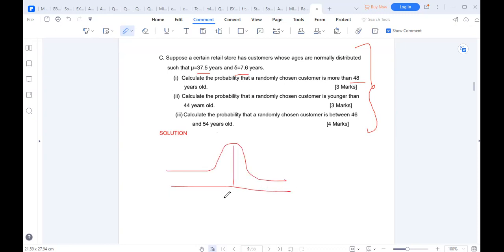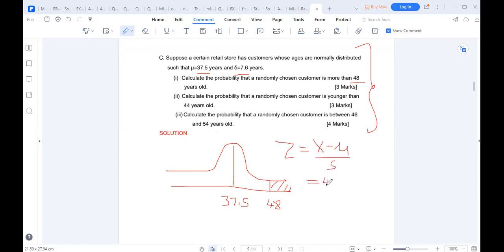Our mean is what? That's 7.5. And our X here is 48. So probability that it will be more than 48 hours. So more than means shade to the right. So we standardize this: X minus mu over standard deviation.